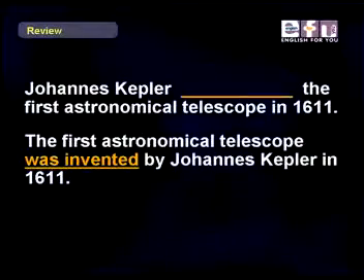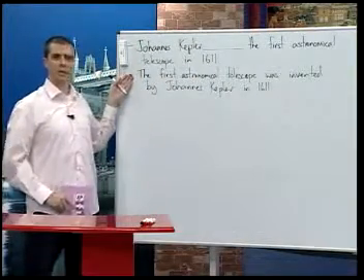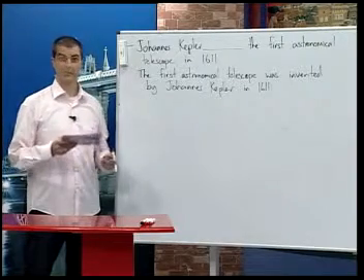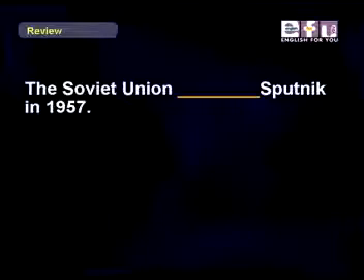Good. The first astronomical telescope was invented by Johannes Kepler in 1611. Who's next? Rosa, you do this one.